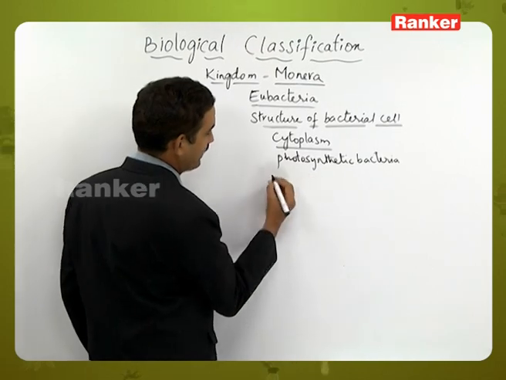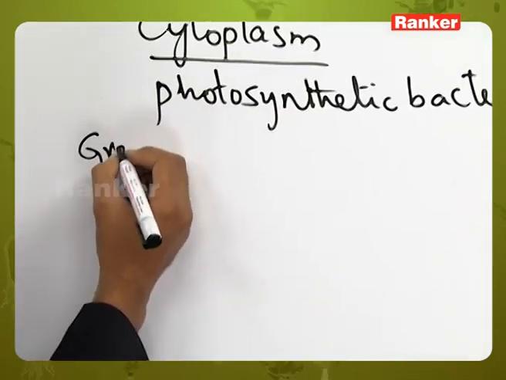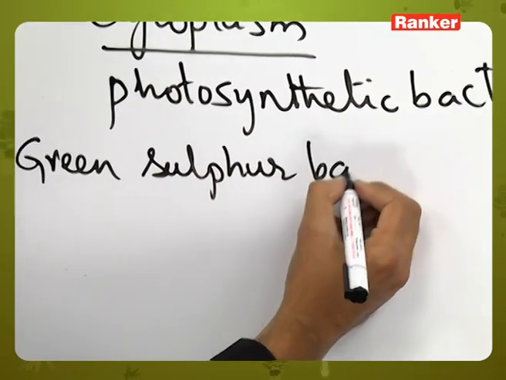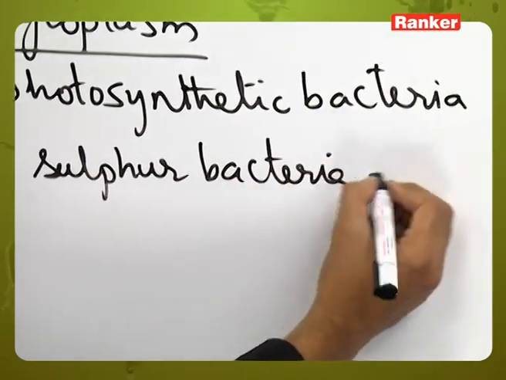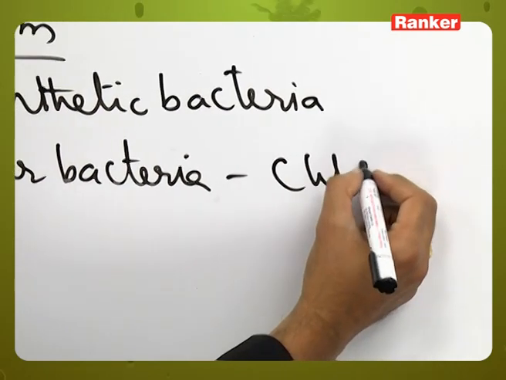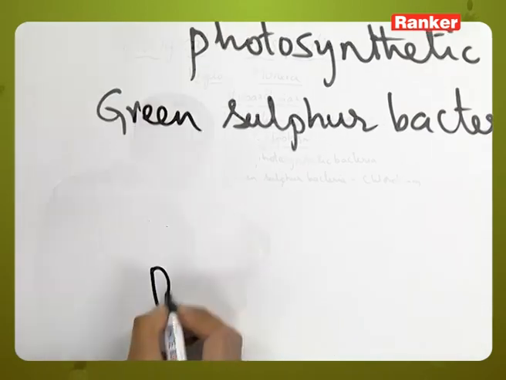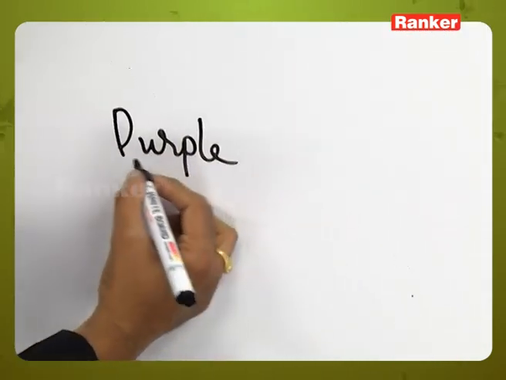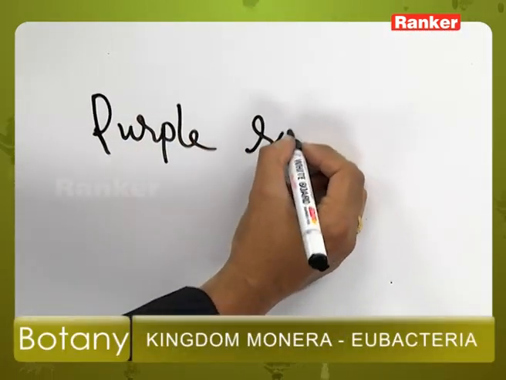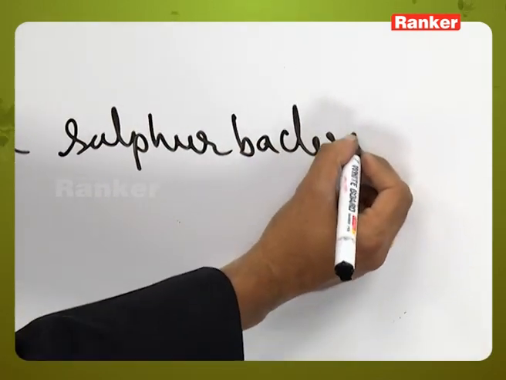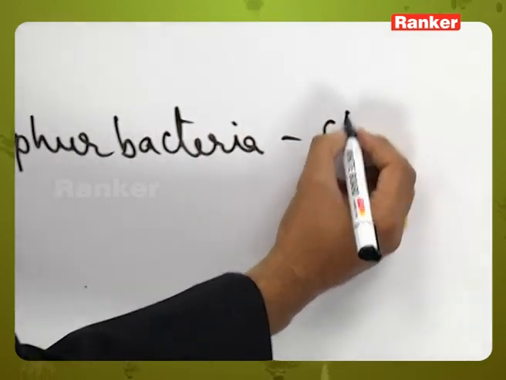The photosynthetic bacteria like green sulfur bacteria, that is chlorobium, and the other one is purple sulfur bacteria. It is called chromatium.